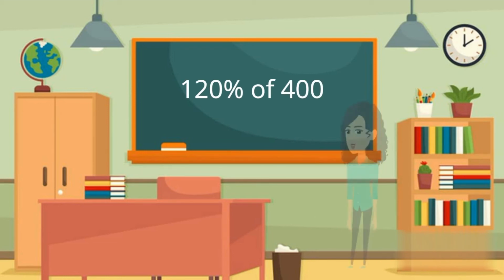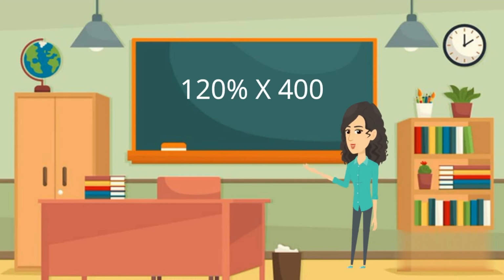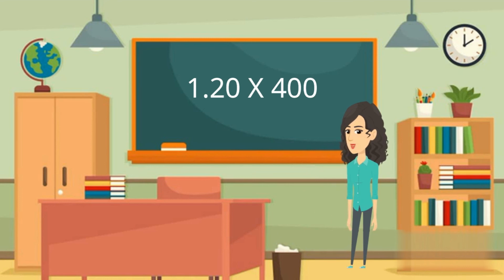Second example, 120% of 400. First step, replace "of" with the times symbol. Second step, choose the fraction form or decimal form for the percentage. In this case, let's use decimal form. So 120% is equal to 1.20. We move the dot 2 places to the left.